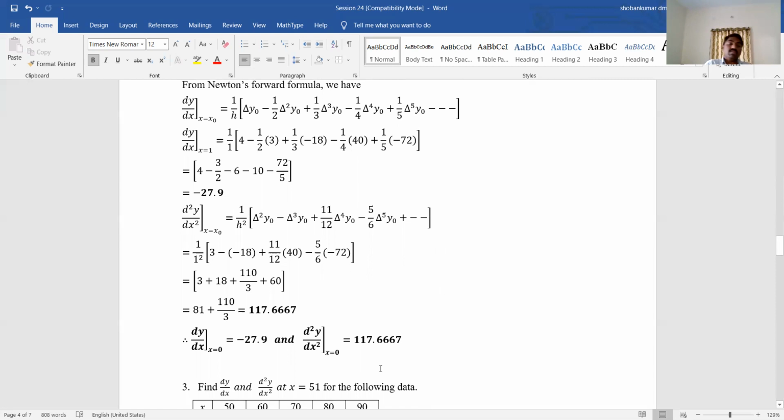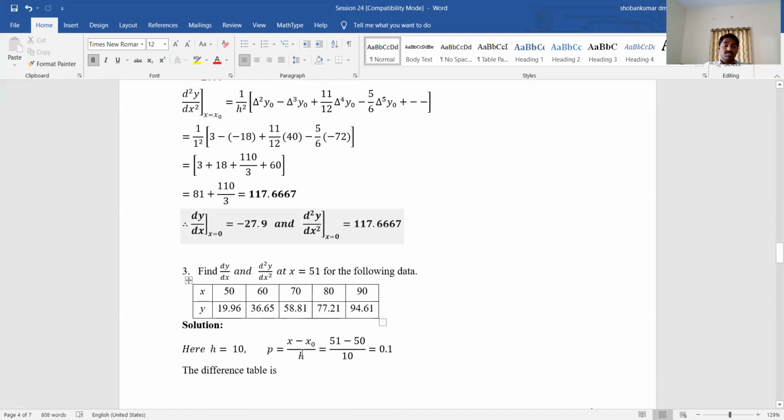Similarly, d square y by dx square at x equal to x naught is 1 by h square of del square y naught minus del cube y naught plus 11 by 12 del 4 y naught minus 5 by 6 del 5 y naught and so on. Substituting all the values and simplifying, we get 117.6667. Therefore, dy by dx is equal to minus 27.9 and d2y by dx square is equal to 117.6667 at x is equal to 0.